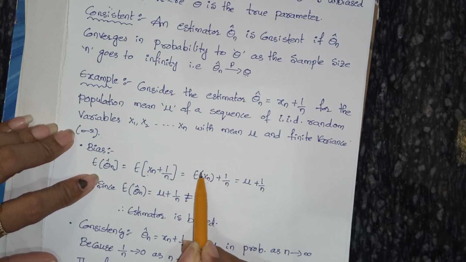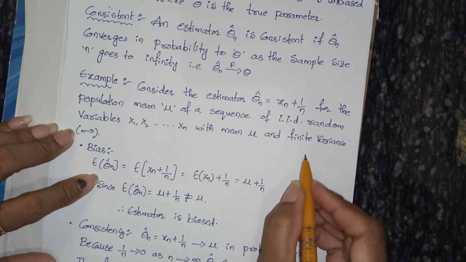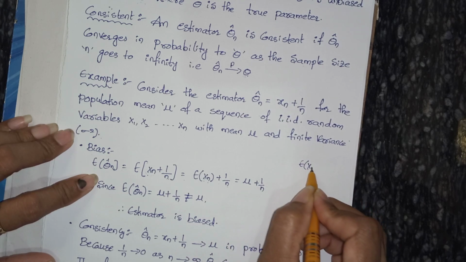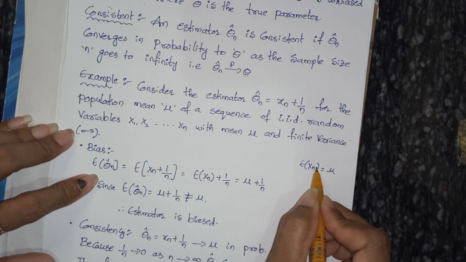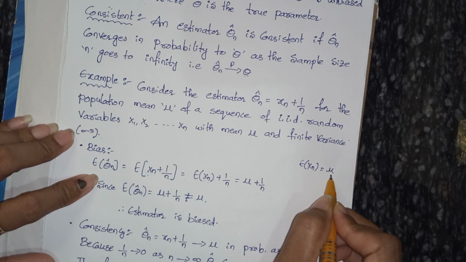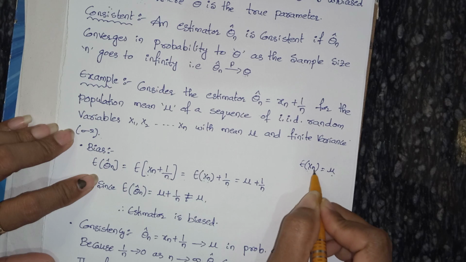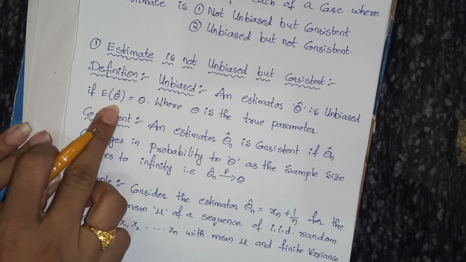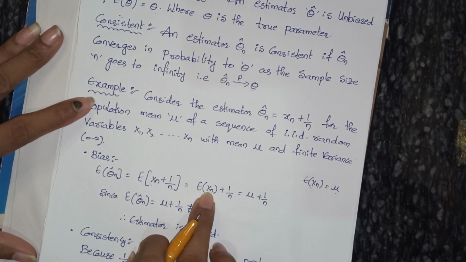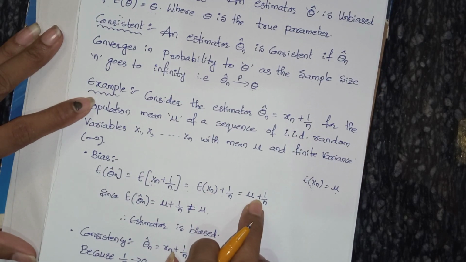What is the value of the expectation of X bar n? That is nothing but mu, because the expectation of the sample mean equals the population mean. So the expectation of X bar n is mu, and we write plus 1 by n as is.